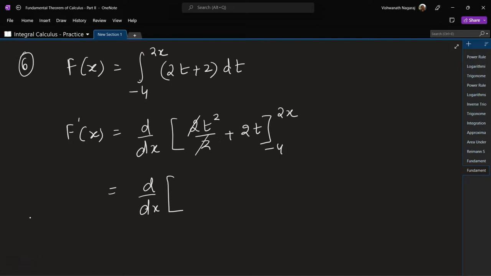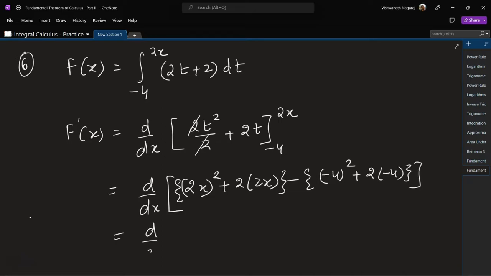So we are left with 2x square plus 2 times 2x minus, so let's take like this. So here we will have minus 4 square plus 2 times minus 4. So let's simplify this.